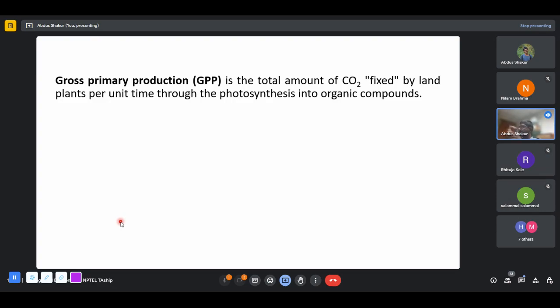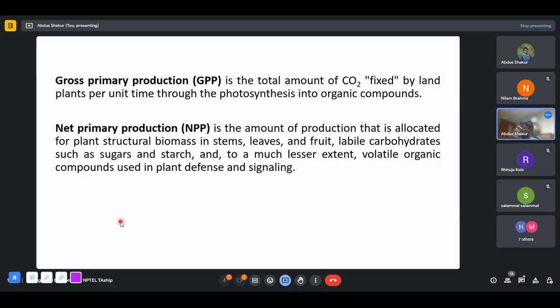So one such thing is gross primary productivity, and net primary productivity. Gross is basically the total amount whatever the plant produces, while net primary productivity is what is allocated in the plant, present in the plant at that instant.